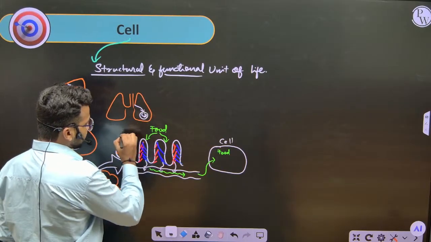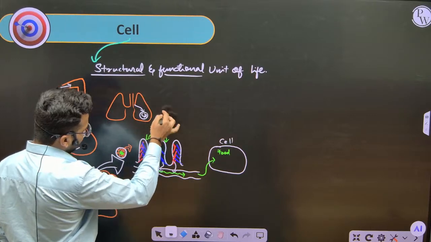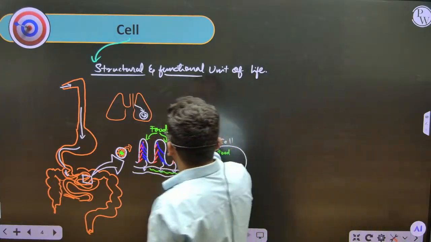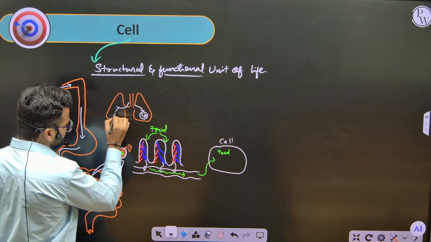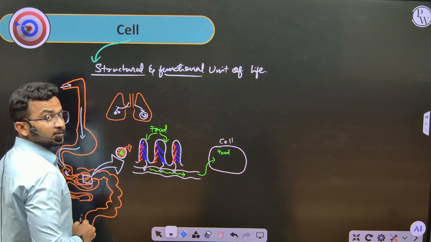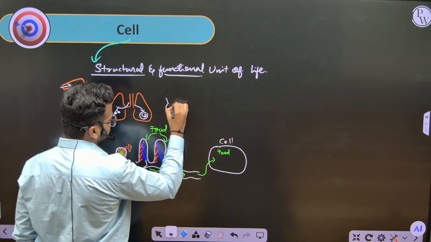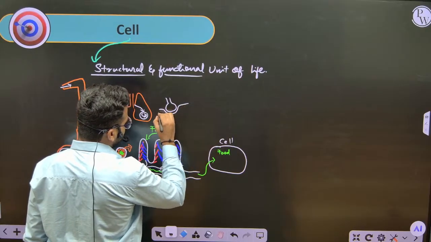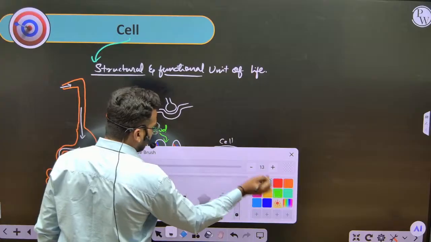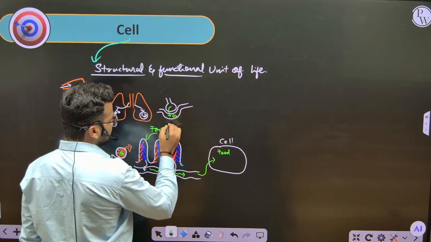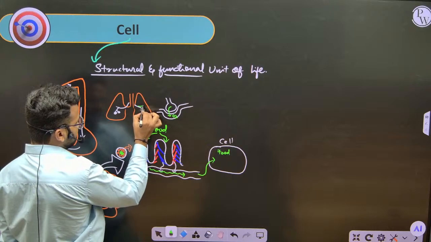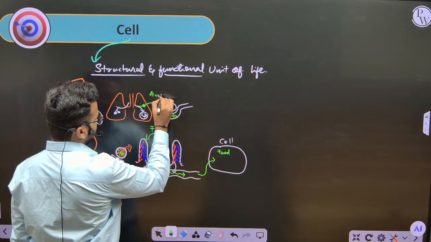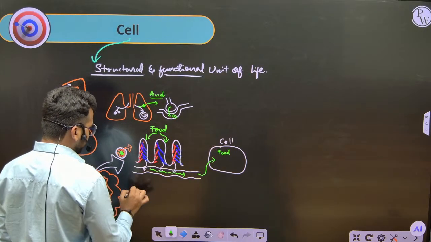Within the lungs, you will see small balloon-like structures, like this, that we call alveoli. They are also rich with blood vessels. So here the oxygen is released. This part has alveoli, and this one is the villi here.